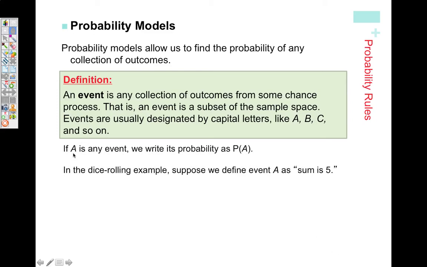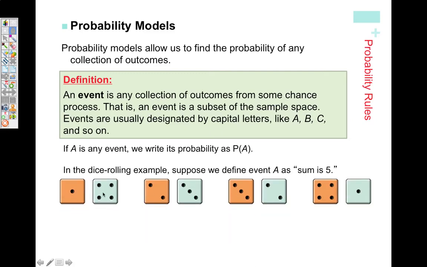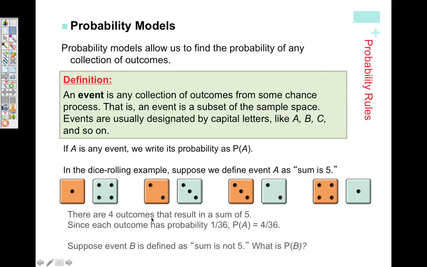So for instance, if A is some event, we write its probability as P parentheses A, probability of A. If we define A to be a sum of 5, these are the things that match that event. These are the outcomes. This is the subset of our sample space that match with this event. Since there are 4 outcomes that result in a sum of 5, and each one has an equal probability of 1 over 36, the probability of A, that is the probability of getting a sum equal to 5, is 4 out of 36.